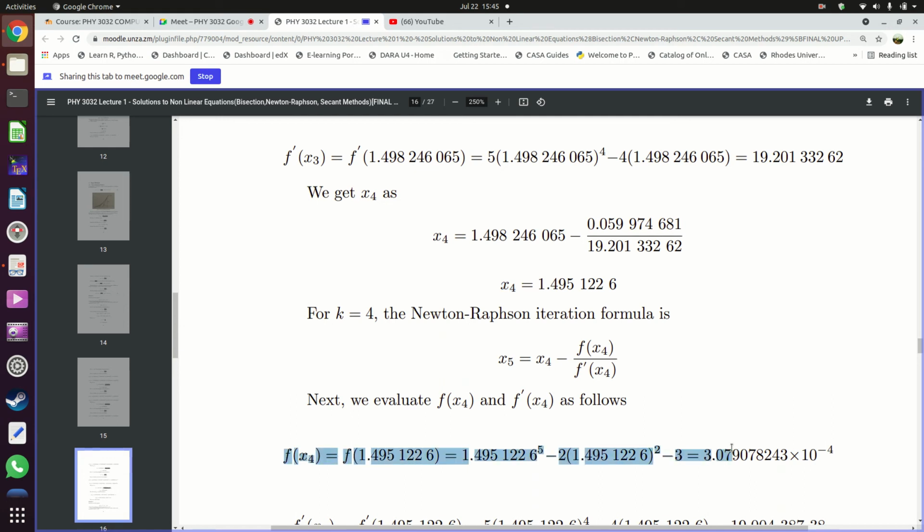So this is the value of the function at x4. If you put in x4, you get 3.0709782 times 10 to the power minus 4, which is very, very small. So x4 is already a very good solution. Are we clear?